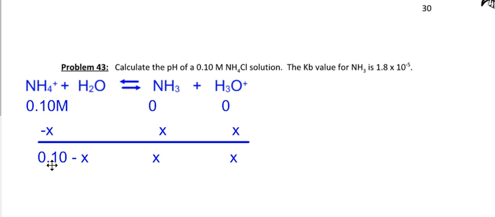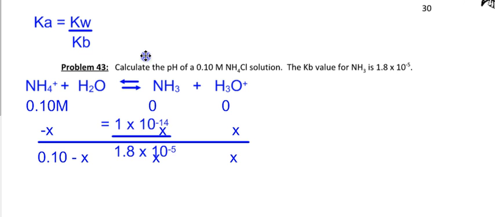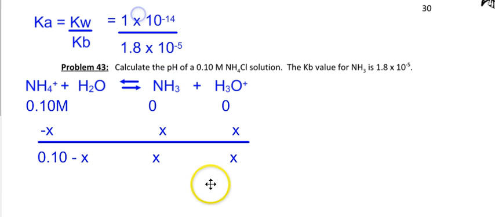Now we have a little problem here because they gave me the Kb for ammonia. Do I need the Kb? The answer is no. Look at this. This is an acid. This is an acid in solution. This is an acidic ion in solution. I don't want the Kb, I want the Ka. So fortunately for you, you know how to do this. Okay, so Kw is 1 times 10 to the negative 14th.